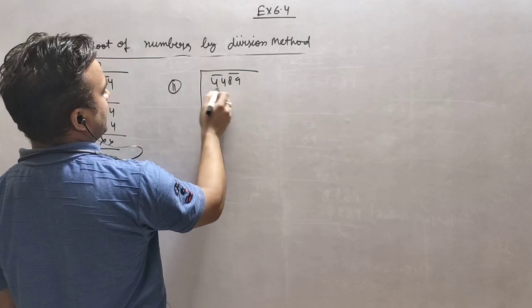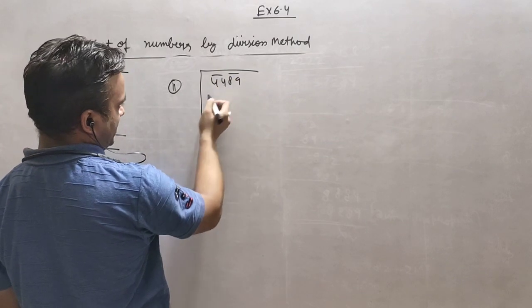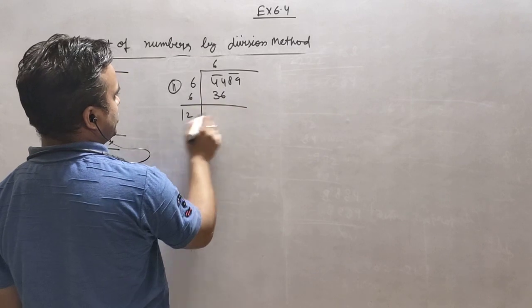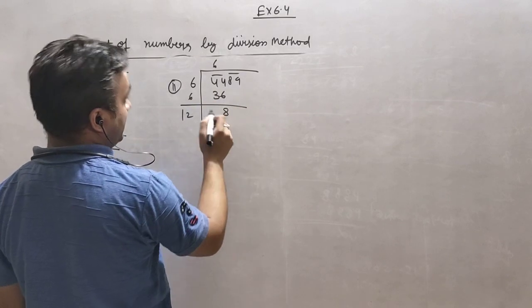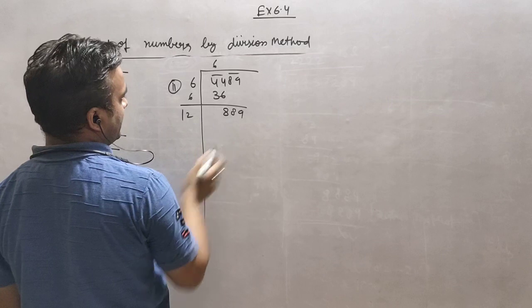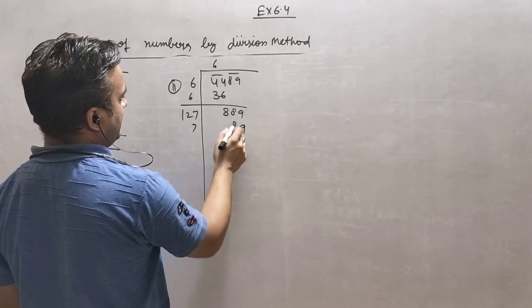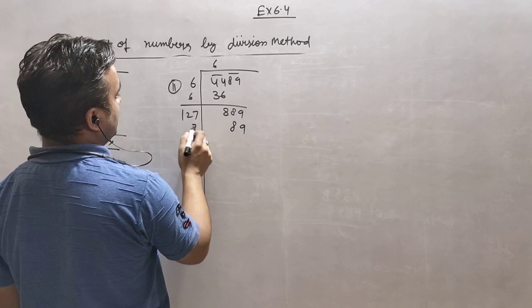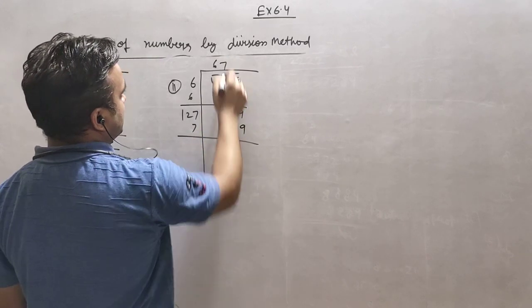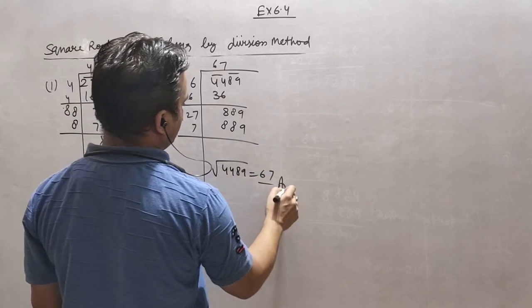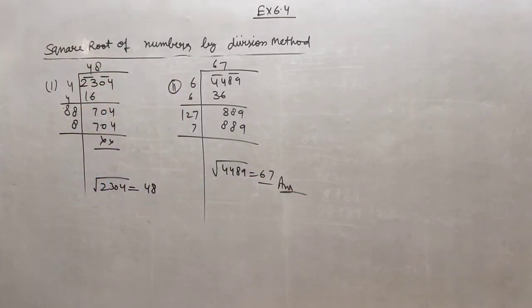So 7 7s are 49, which is more than 44, so we will go with 6, 36, 6 12, 8, 89, and what is 7? 7 7s are 49. Okay, 67. So square root of 4489 is 67. So I hope you can do all parts of question number 1 easily now.